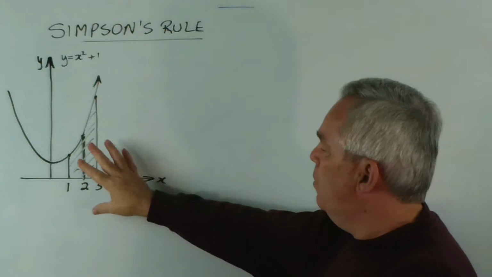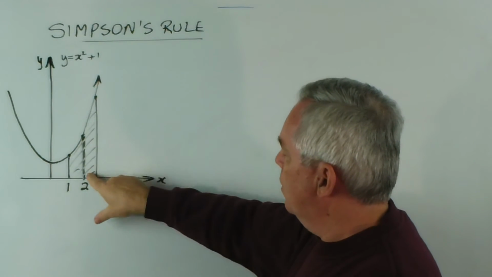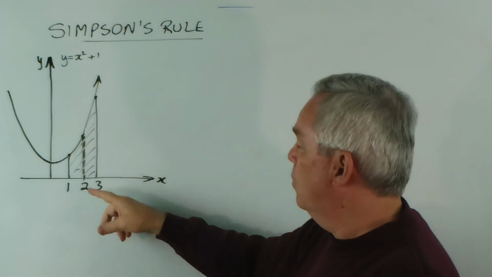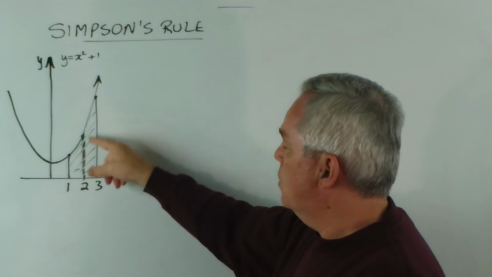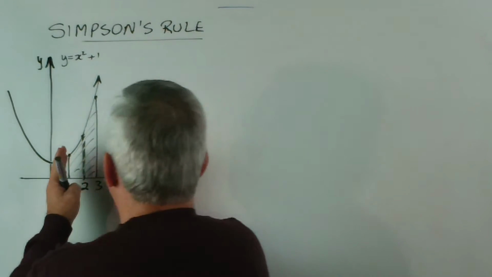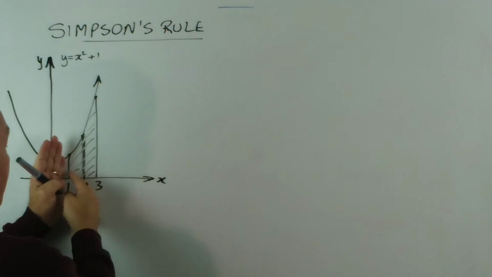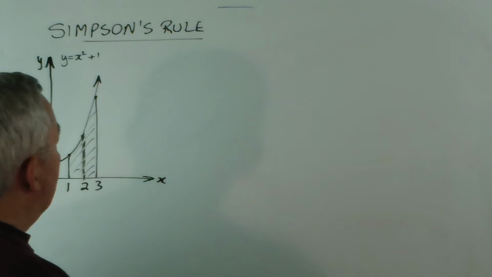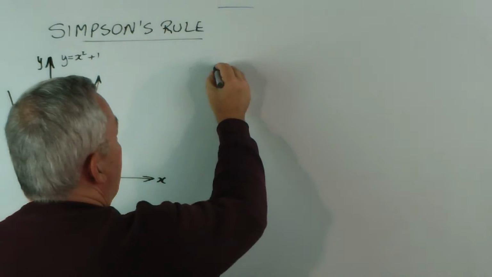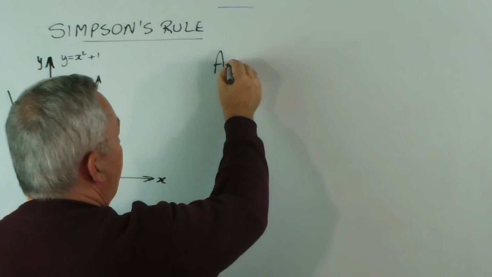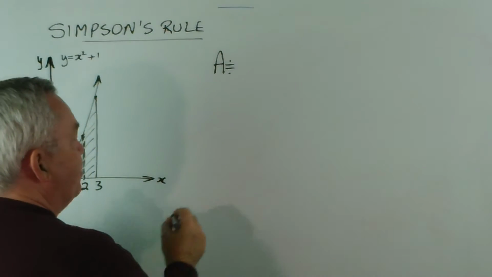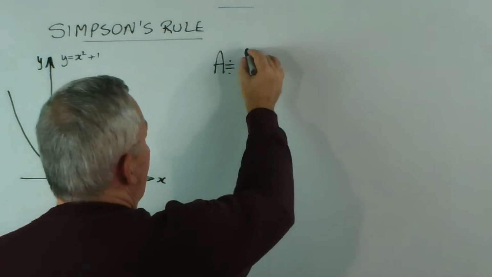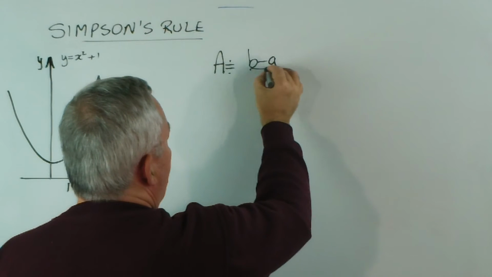And here we are with the 2 strips, which we could use as 2 separate instances of the trapezoidal rule, or one instance of the use of Simpson's Rule, because Simpson's Rule uses a double strip. We need 3 values for Simpson's Rule. Let's write Simpson's Rule out. It's approximately, I'll write it the more conventional way, b minus a over 6.